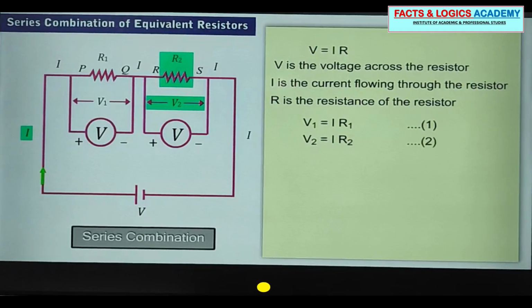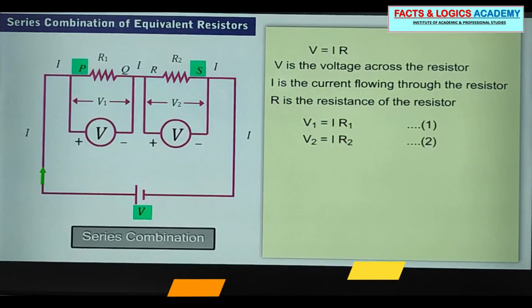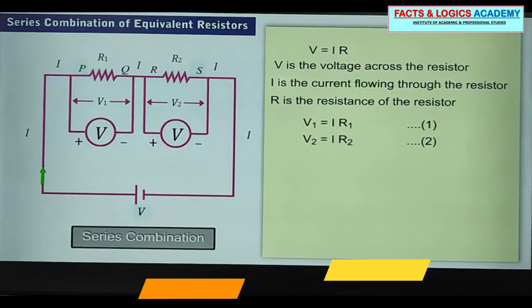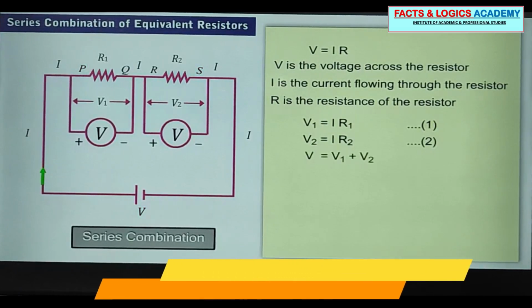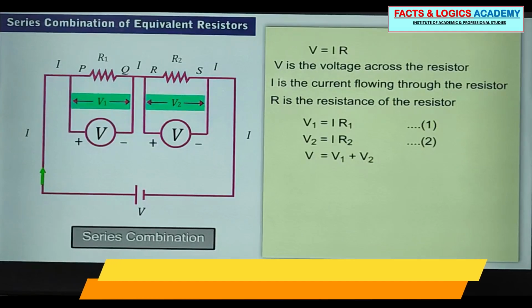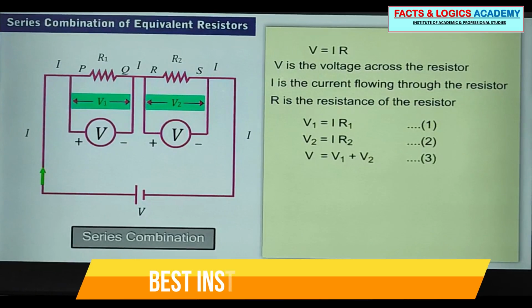Let us label this as equation 2. The potential difference V across P and S, that is, the series combination, can be written as V is equal to V1 plus V2. Let us label this as equation 3.